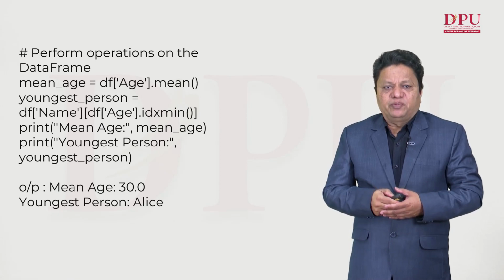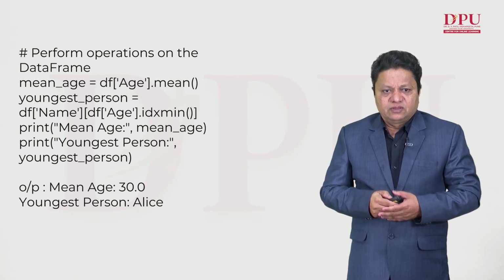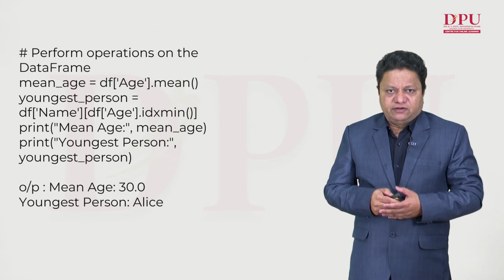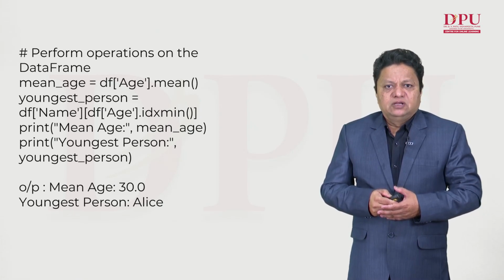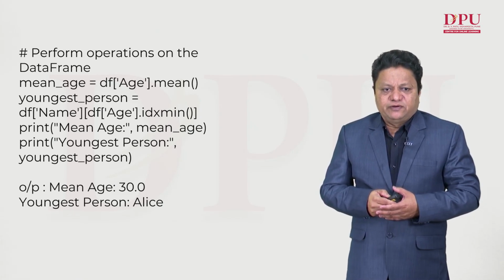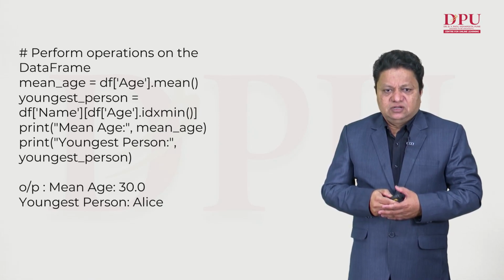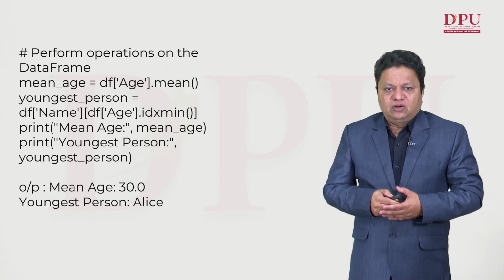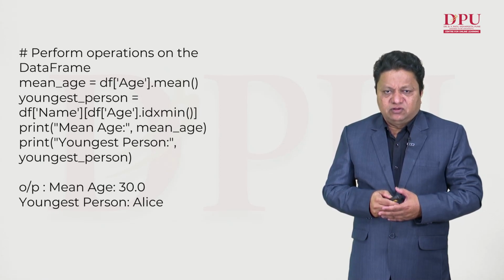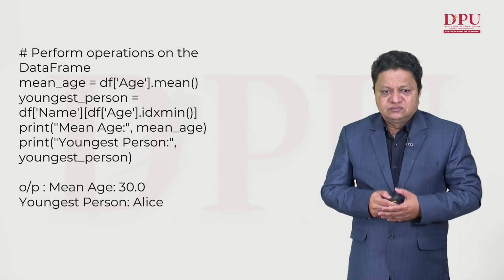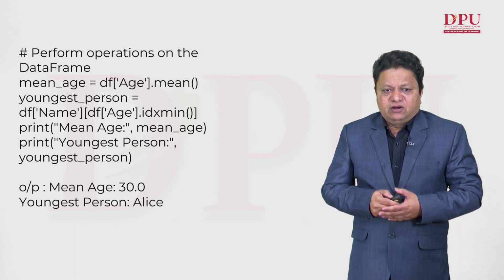Now, how to perform operations on the data frame? Once you create the data frame, we can perform functions. For example, if you want to find out the mean age, you can call the mean function. If you want to find out the name of the person, you can also find that out.